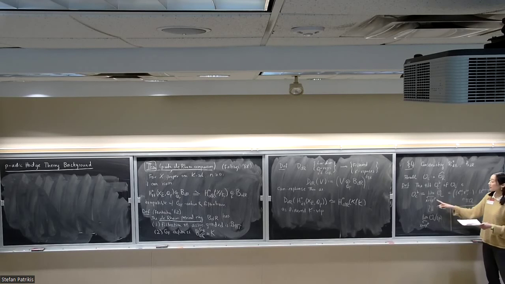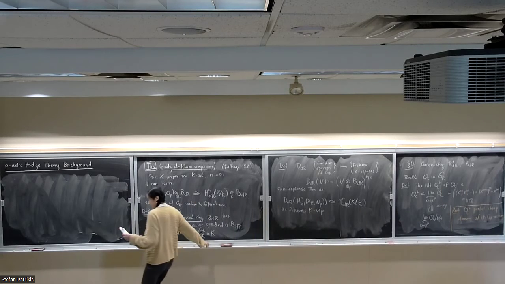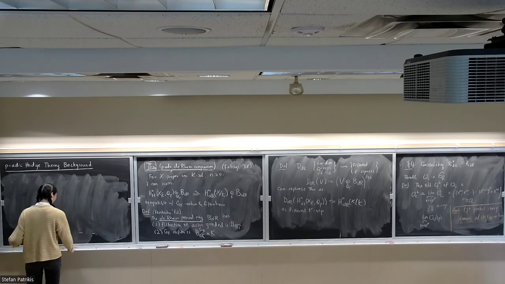And from the OC inverse limit definition, you can see it's a domain. And it has a continuous G_K action coming from the continuous G_K action on each of the OCs, and the pth power maps are compatible with that Galois action.